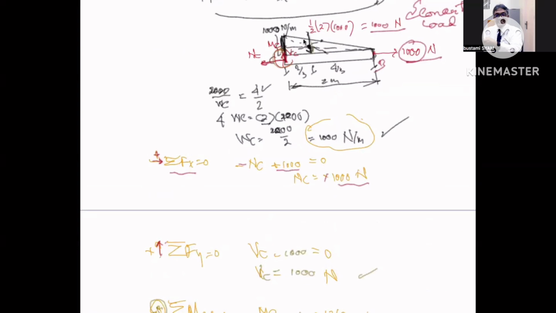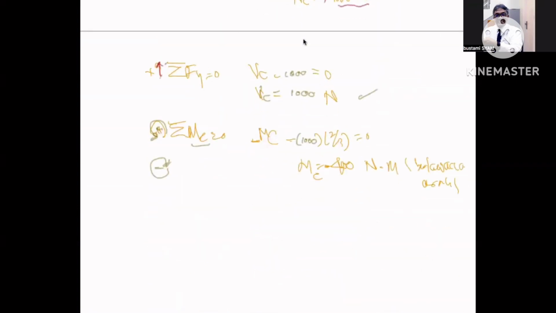This 1,000 Newton from here to here, the lever arm of the load 1,000 is 2/3 of the CB. Okay, then we have here 1,000 and 2 by 3 equal to 0.